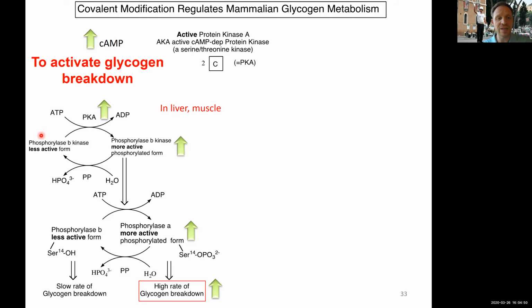It's phosphorylating our phosphorylase B kinase. So not the phosphorylase yet that we just spoke about. It does that too, but what it actually does initially is that we're increasing the activity of another kinase through PKA, making it more active through this phosphorylation.